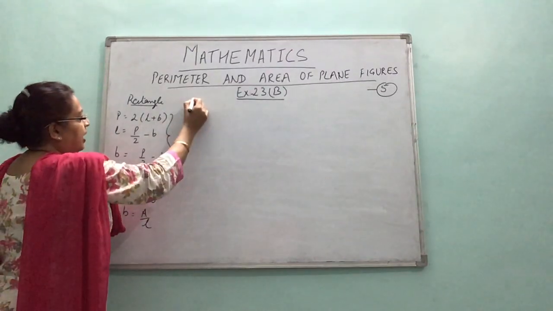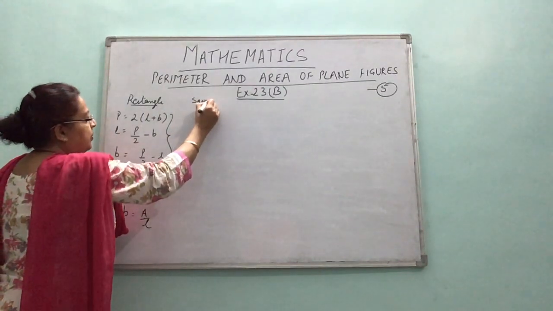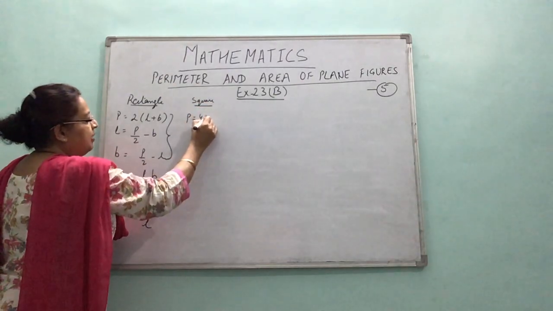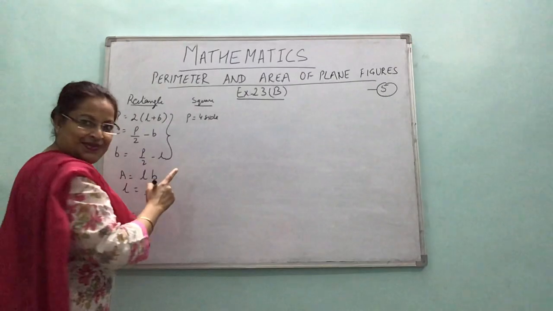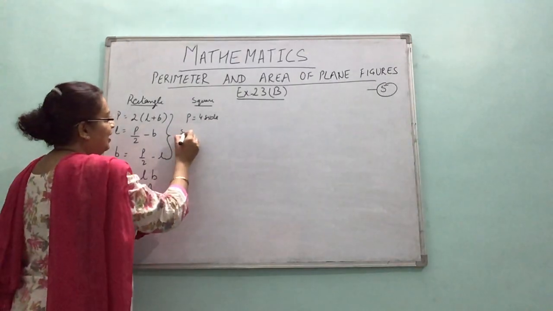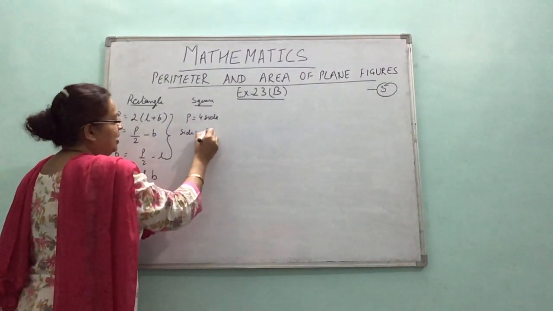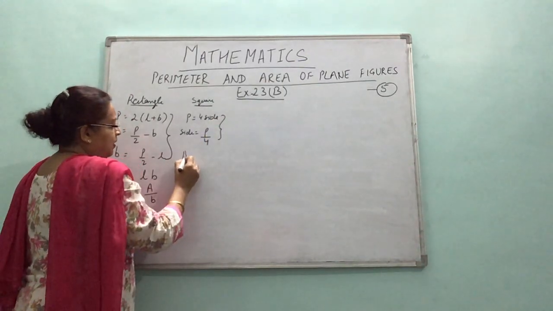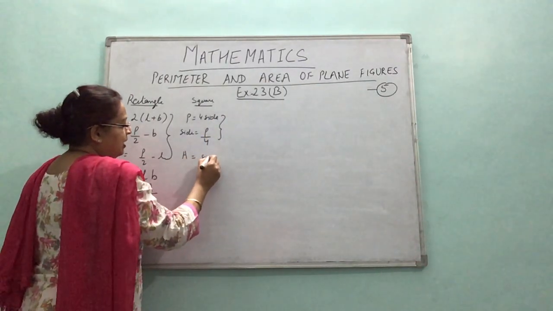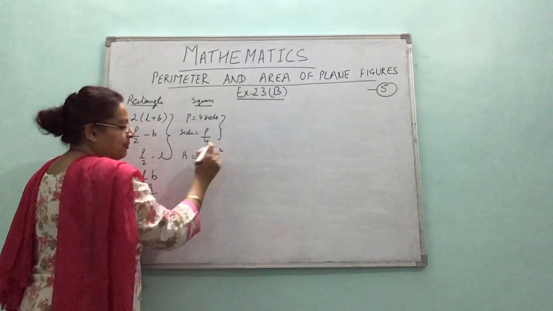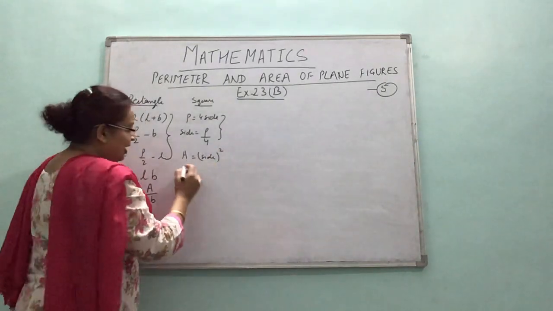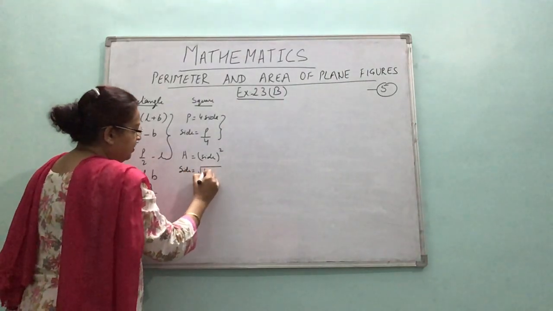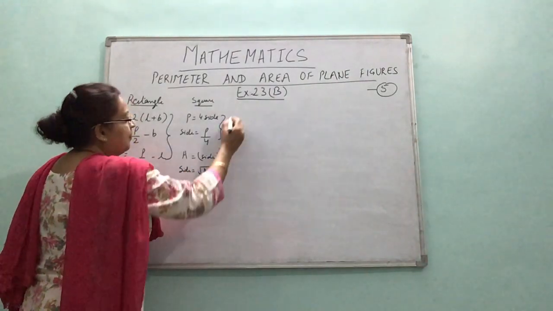These are for rectangle. Now for a square, the formulas are lesser. Perimeter is 4 times of side, and if you have to find side, it is perimeter divided by 4. Now area of a square is side square, that means side into side, and if area is given, you have to find side, it is under root of area.